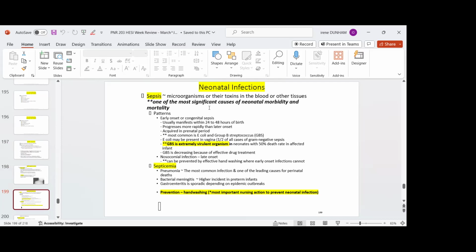It is one of the most significant causes of neonatal morbidity and mortality. Septicemia, and the most common for the babies is pneumonia, and it leads to perinatal deaths. Babies can have bacterial meningitis. It's higher in preterm infants, and then of course gastroenteritis. But how can we combat all that? By proper hand washing.